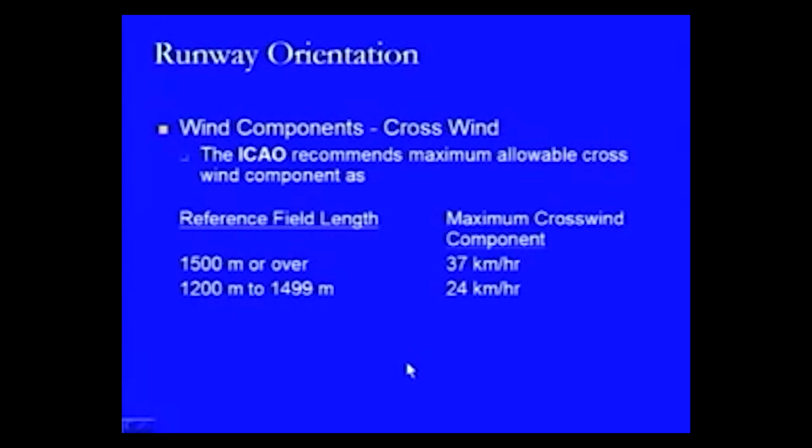Whereas, if it is between 1200 meters and 1499 meters, then this is taken as 24 kilometers per hour, and if it is less than 1200 meters, then it is taken as 19 kilometers per hour.